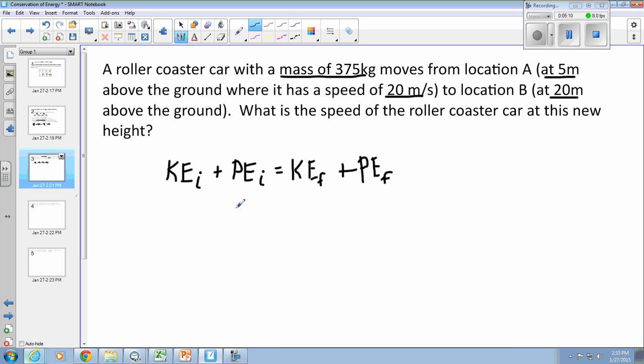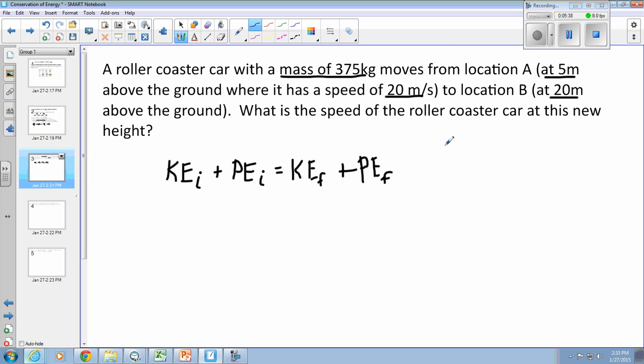That's one way to solve it, is to expand out these equations and solve for V. Another way people will often solve it, they'll solve for the initial kinetic energy, specifically the initial potential energy, and then the final potential energy, do the math, and figure out what their kinetic energy final is, and then use that to solve for the final velocity.